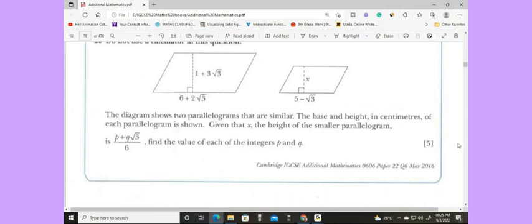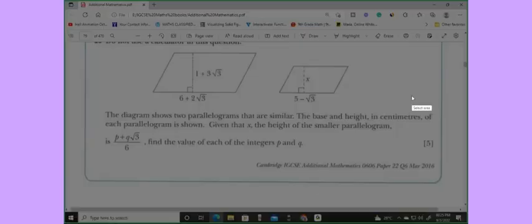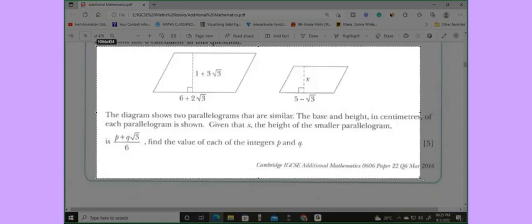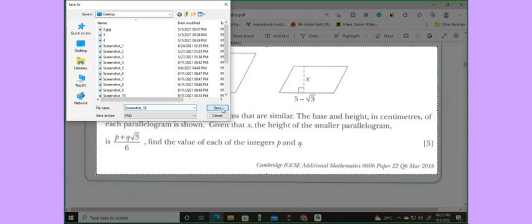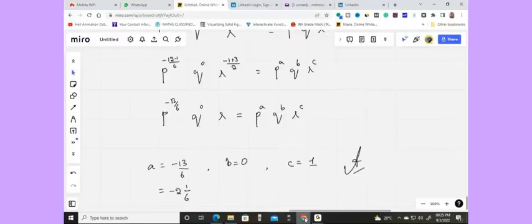You know, in similar figures, the ratio of the corresponding sides is always the same, right? We are going to take the help of that. So we just take a snapshot of this and go back to the board.